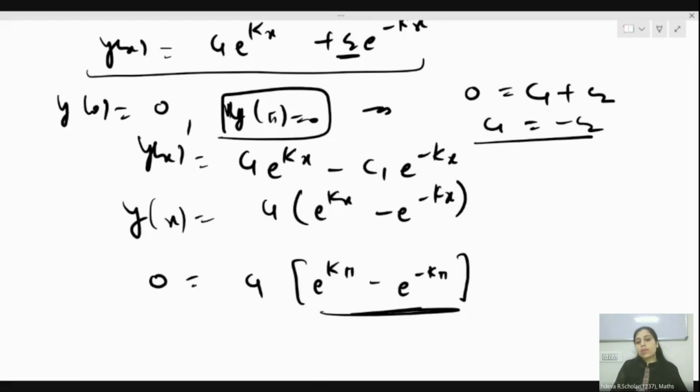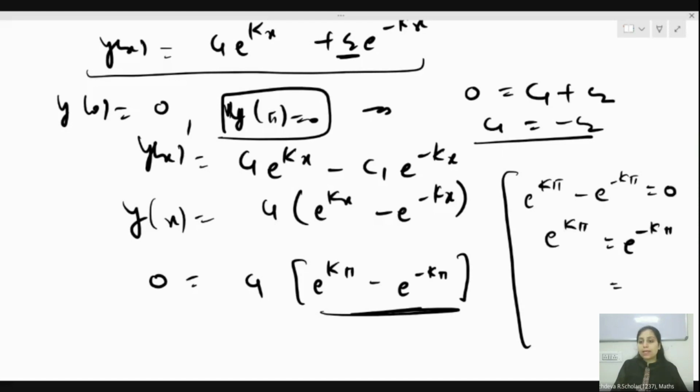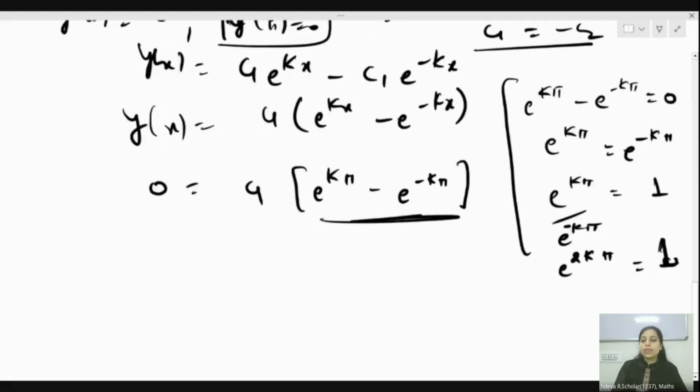Now this cannot be 0, because if this is equal to 0, then e raised to k pi is equal to e raised to minus k pi, which gives you e raised to k pi divided by e raised to minus k pi is equal to 1, so e raised to 2k pi is equal to 1, and this will give you 2k pi is equal to 0, since e raised to power 0 is 1.